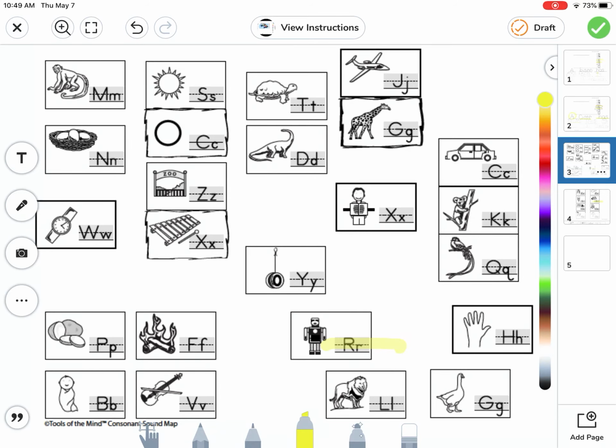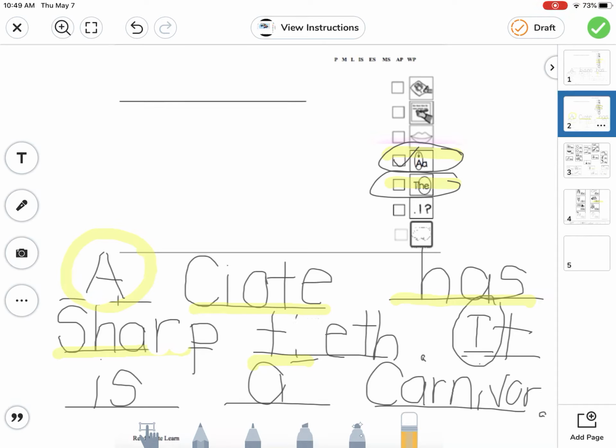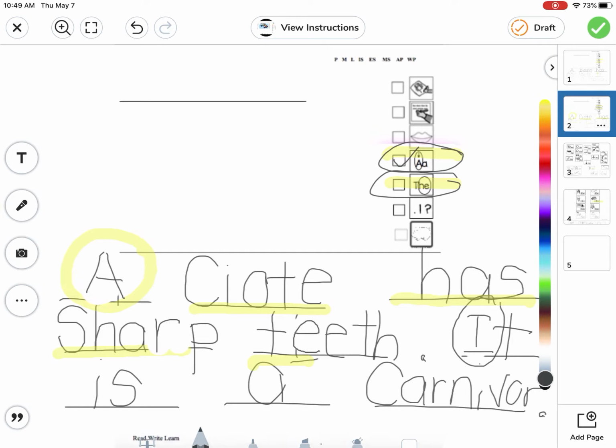There is the uppercase R, and then the second letter on that line is a lowercase r. I need to erase my uppercase R and make sure that's lowercase. That does not belong in the middle of a sentence. All right, let's keep going. Uh-oh. Do you see that uppercase E? That needs to get out of there. No uppercase letters besides the first one in our sentence. All right, let's keep scrolling.